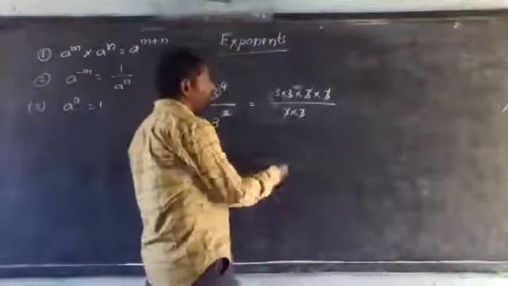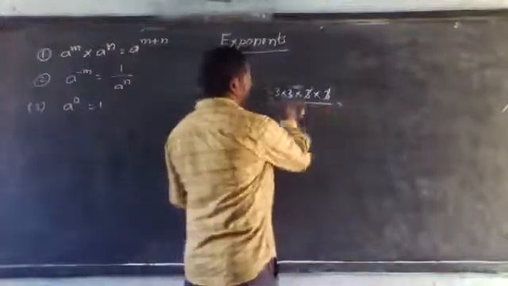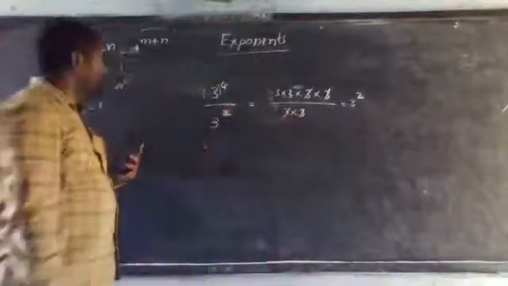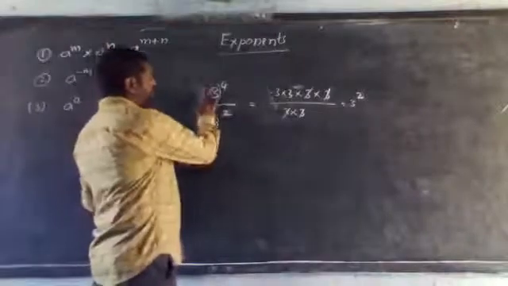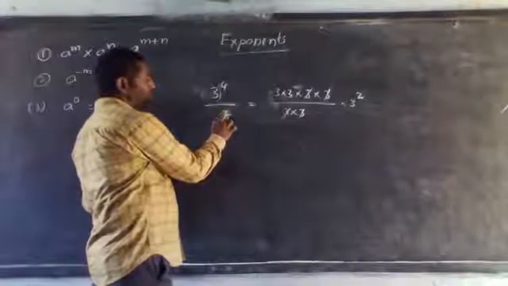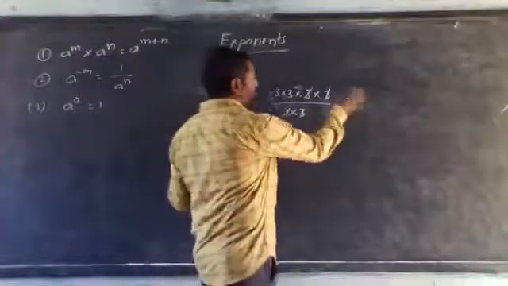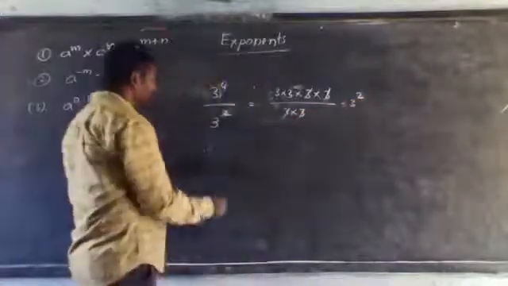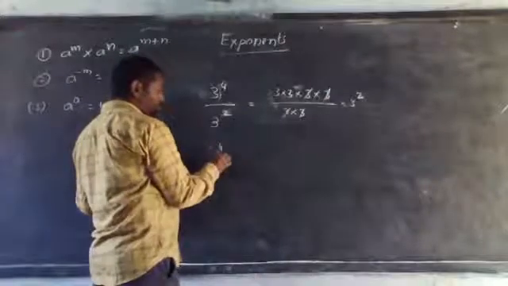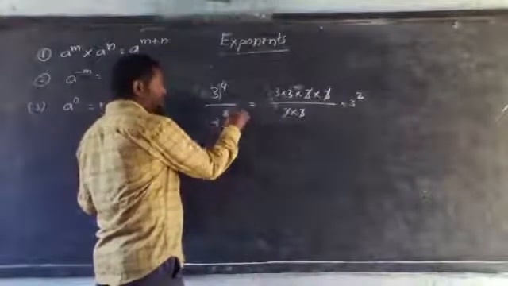So that is what we are learning in the algebra chapter. So here, after cancelling, we will get 3 to the power 2. Now observe, 3 to the power of 4 by 3 to the power of 2 gave 3 to the power of 2. How? For example, 3 to the power 4, here this one we are shifting to the upside.